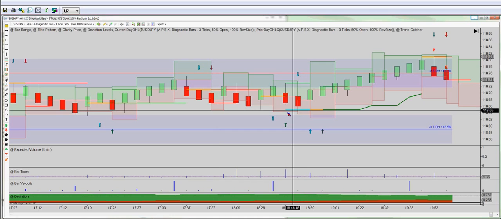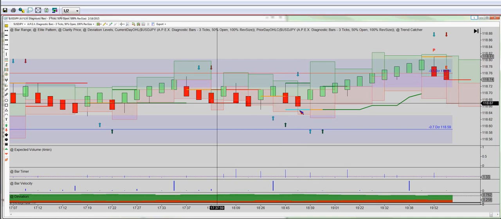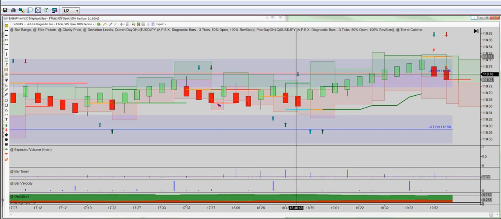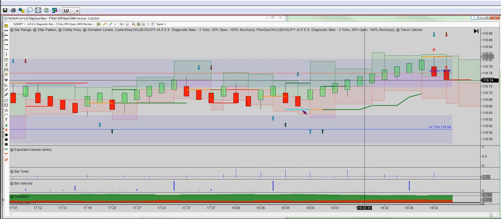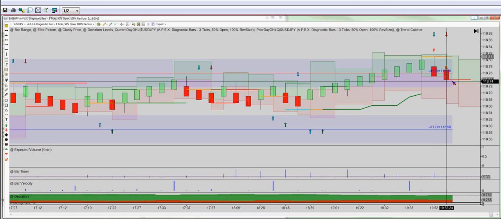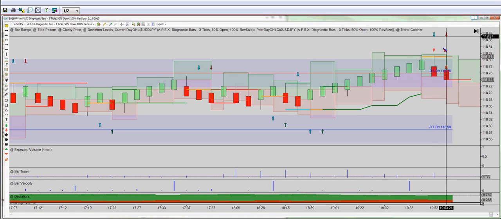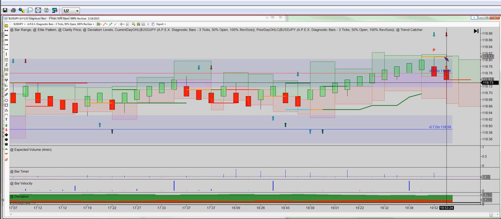That's this cyan line. Once it's confirmed, it will turn red or green. We didn't have any confirming arrow here because it turned and went up, so the cyan line stayed cyan.